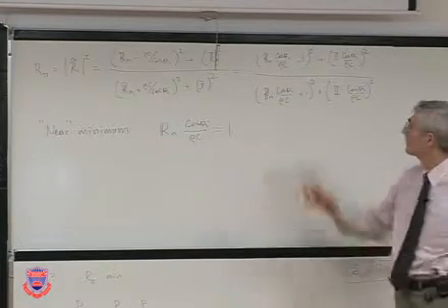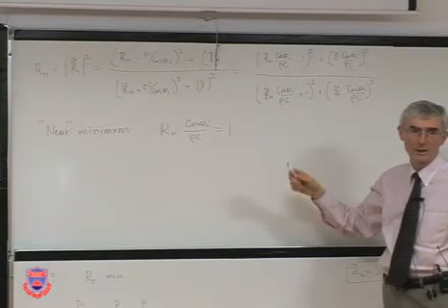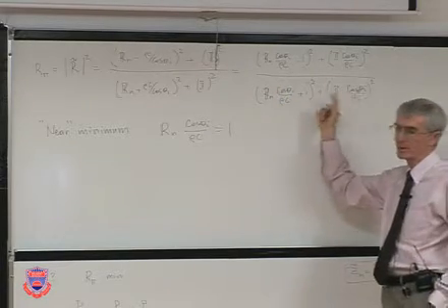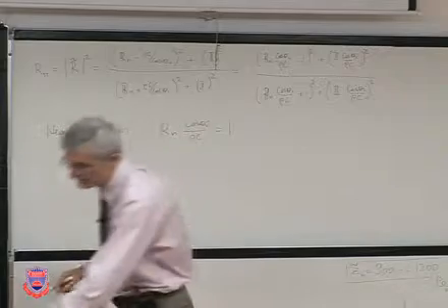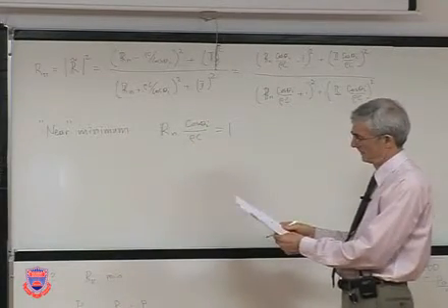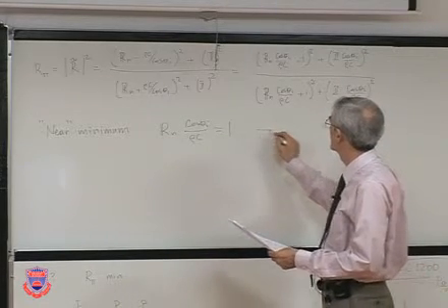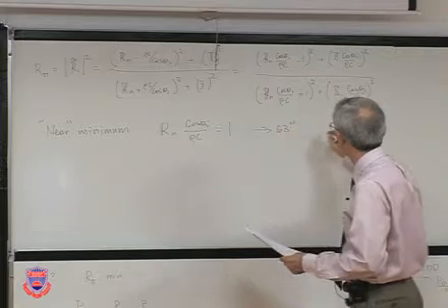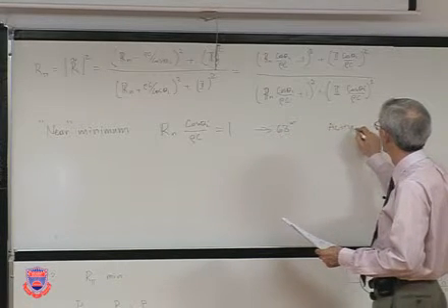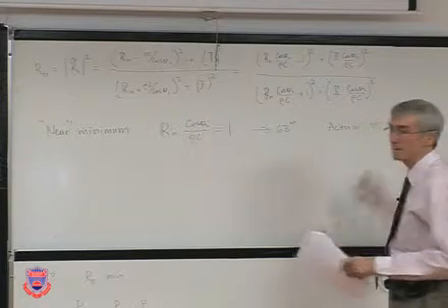It's not the minimum, but that gives you a very close answer. Otherwise, you can solve it numerically. This gives you 63 degrees, but the actual minimum is 73 degrees.